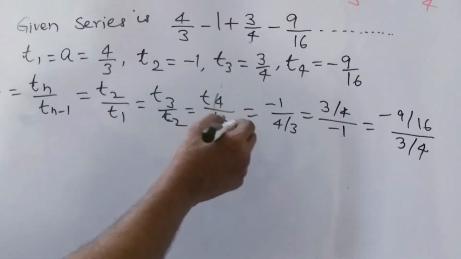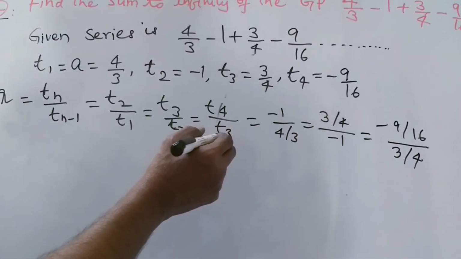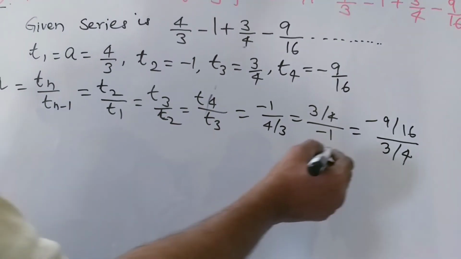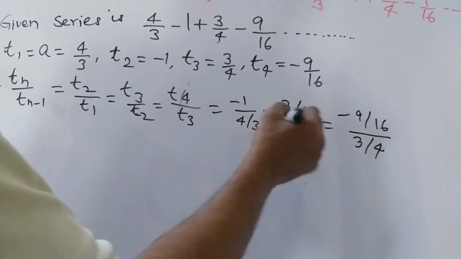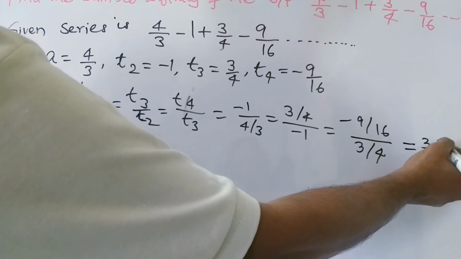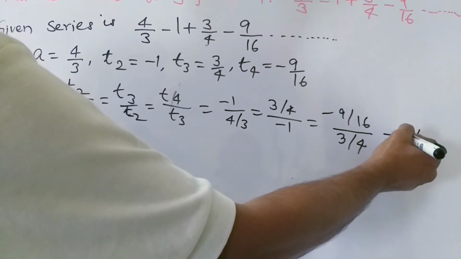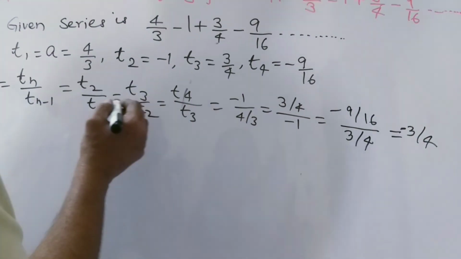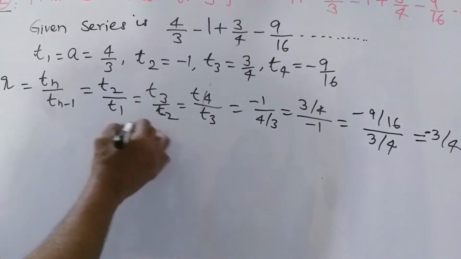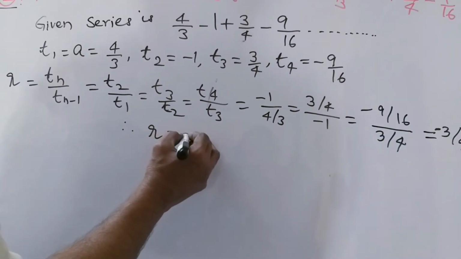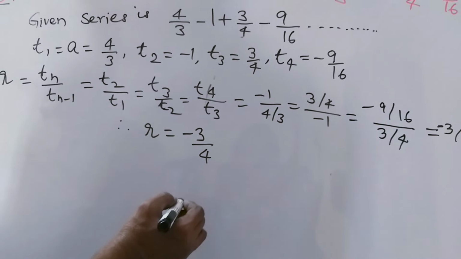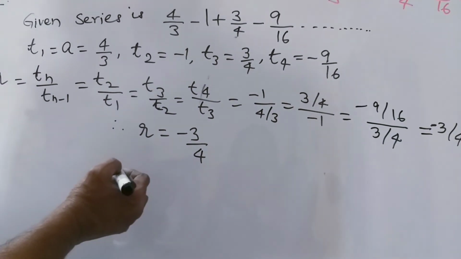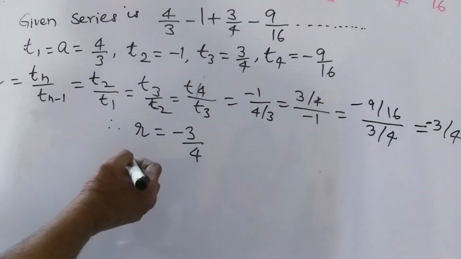On simplification, we get the value minus 3 by 4. The common ratio R is therefore equal to minus 3 by 4.